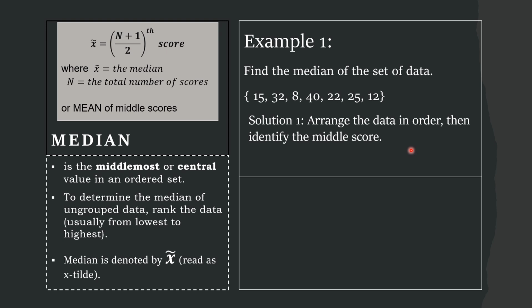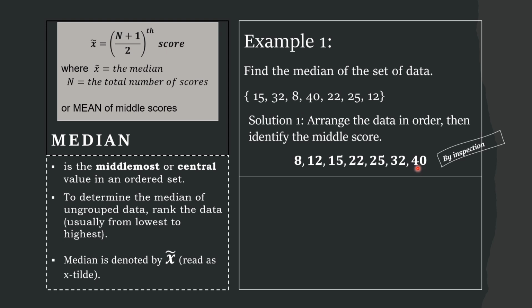Then by inspection, so here is the data set in order, arranged in ascending, 8, 12, followed by 15, then 22, then 25, 32, and then 40.